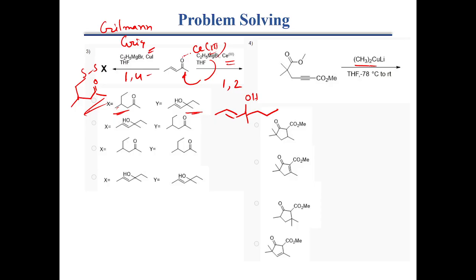The next reagent is also a Gilman reagent, so 1,4 attack happens. Dimethyl, Me2CuLi, so methyl minus directly reacts with the 1,4 position. I'm just writing it this way: methyl minus reacts at the 1,4 position, so it will form this negative charge.